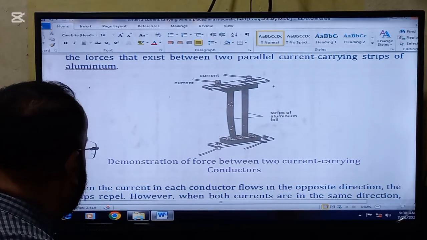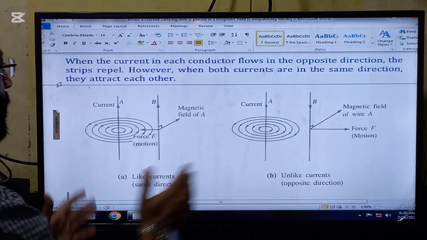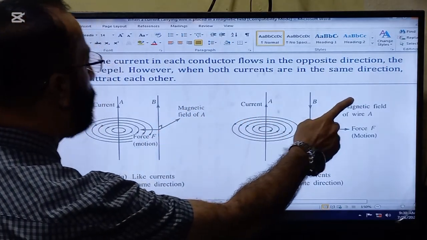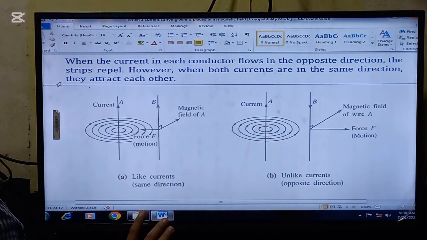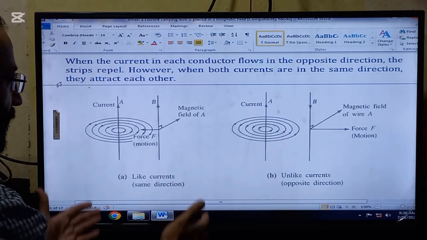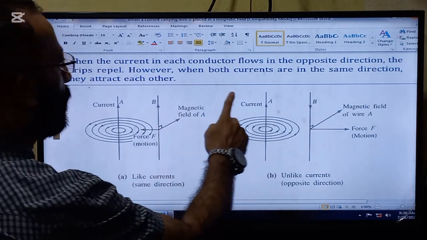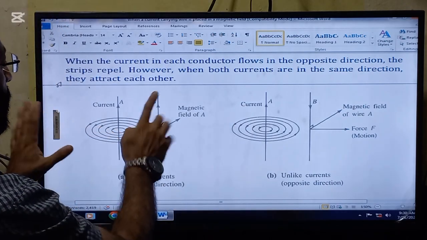So look now, here is the thing. When the current in each conductor flows in the opposite direction, the strips repel. This is the point to be noted. The concepts are coming later in the lecture. However, when both currents are in the same direction, they attract each other.